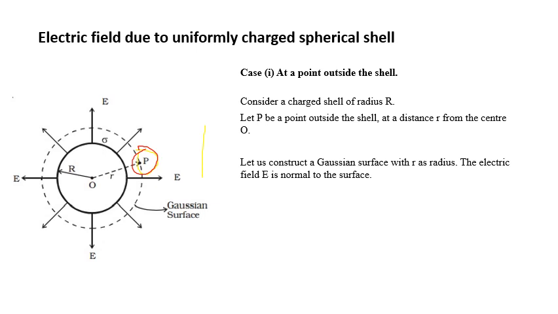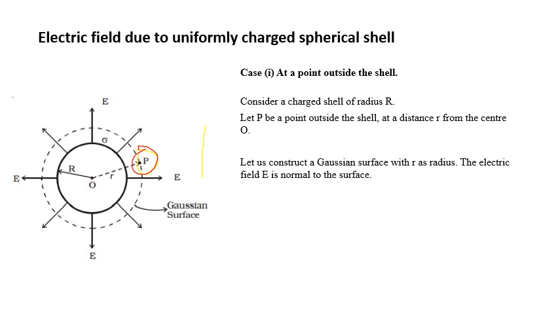Then we know the rule. First we have to choose a Gaussian surface. We have used here a Gaussian surface of a spherical shell, which includes the original shell already. The radius of the original spherical shell is capital R, and for the Gaussian surface we have used small r.